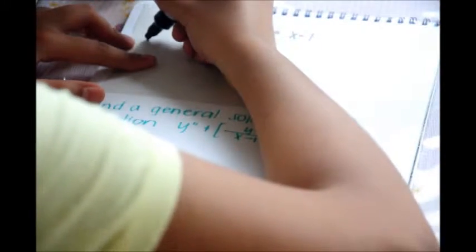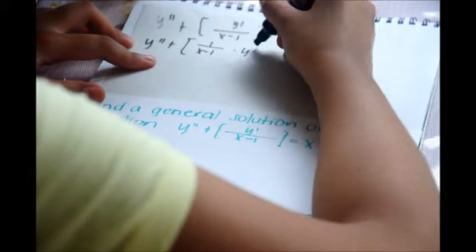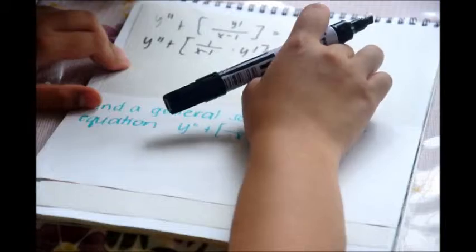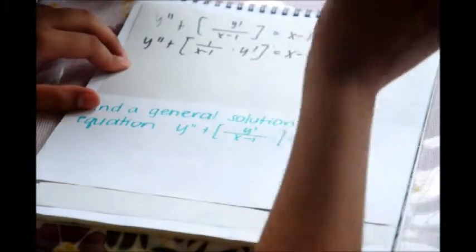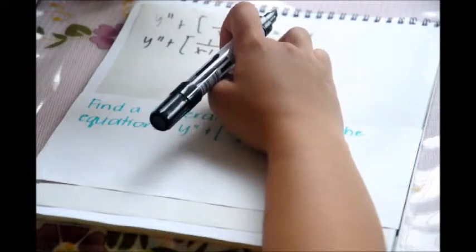It can also be written as y double prime plus 1 over x minus 1 times y prime is equal to x minus 1. So you can see that this is a linear differential equation.